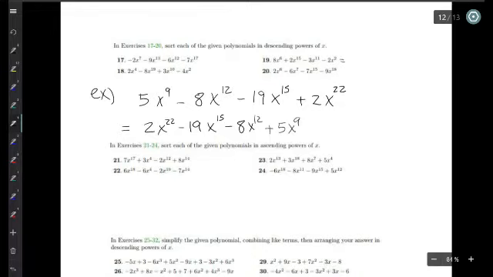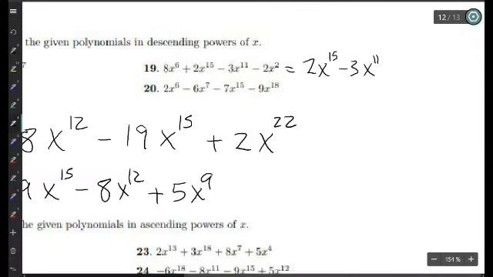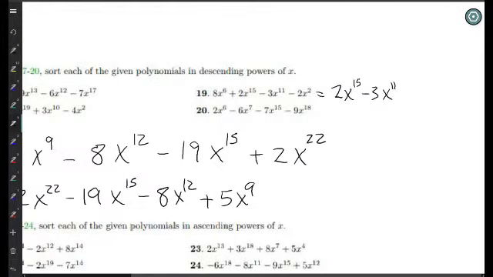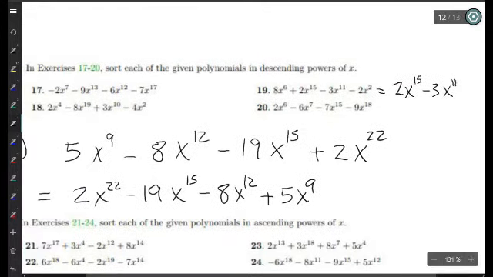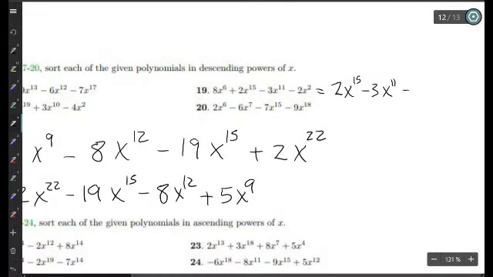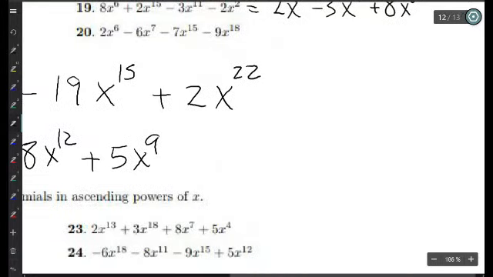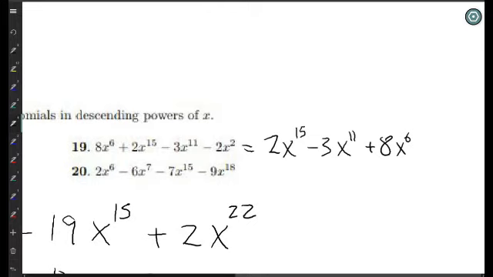If we were to get 19 into order, we would have 2x to the 15th, and then minus 3x to the 11th, and then plus 8x to the 6th, and then lastly minus 2x squared.